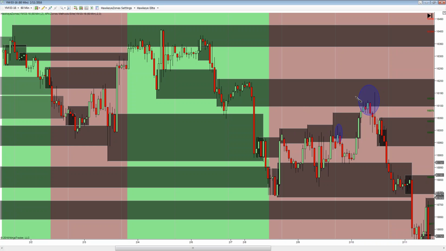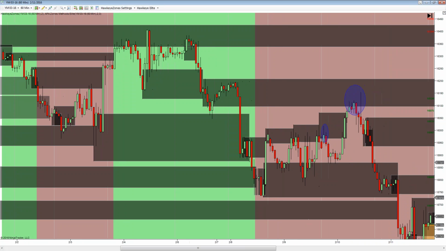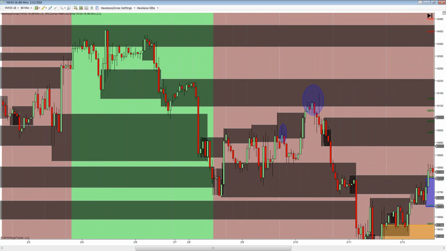And lo and behold, we see that happening in these two areas. There's one and there's one, and both of them gave you a good bounce. And this one gave you an extremely good bounce. Price comes down, and this level holds as you can see. The trend is flipped over and you got this wonderful bounce, and price continues to roll to the downside.